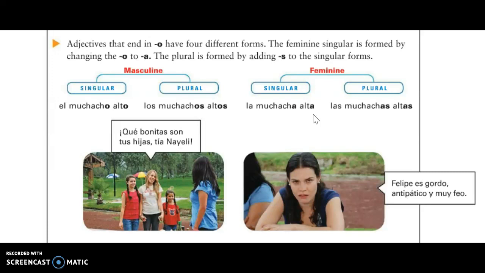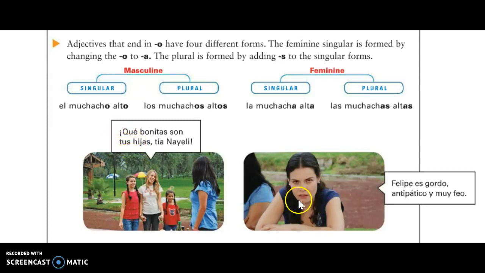And for instance, you have examples from the photonovela in Lesson 3, where Marisa wants to express how beautiful Tia's daughters are. So she says, "Qué bonitas son tus hijas, Tia Nayeli." Tus is something we're going to learn next with possessive adjectives, but that means your, plural.